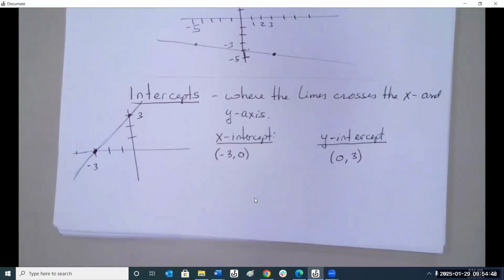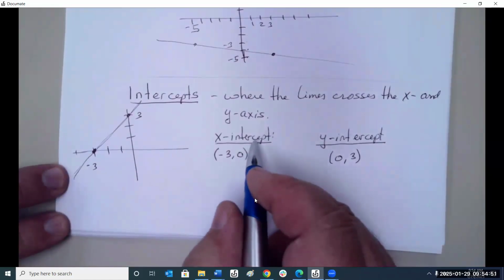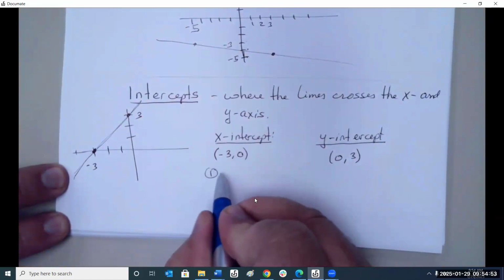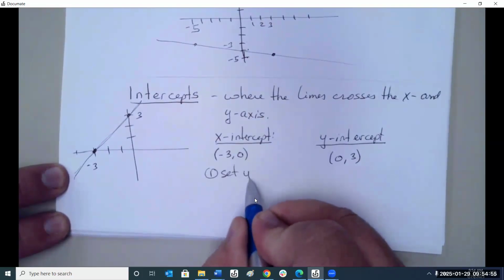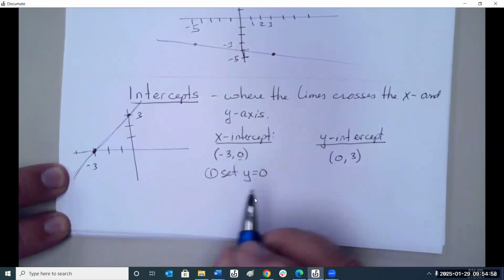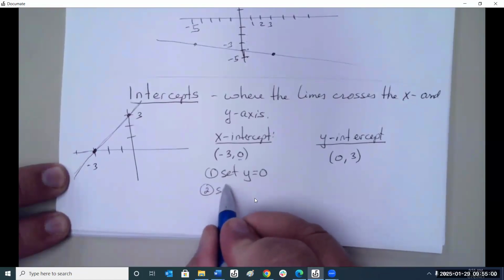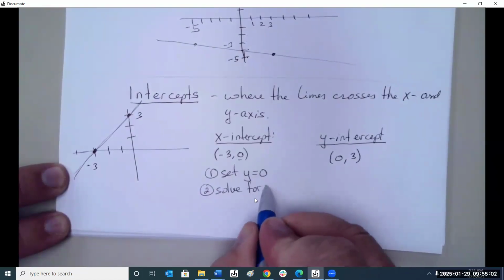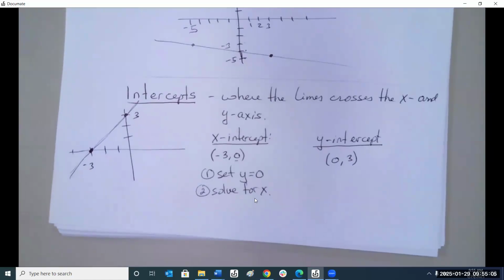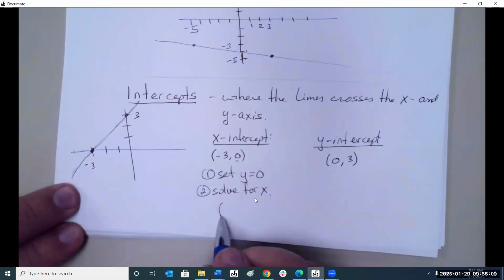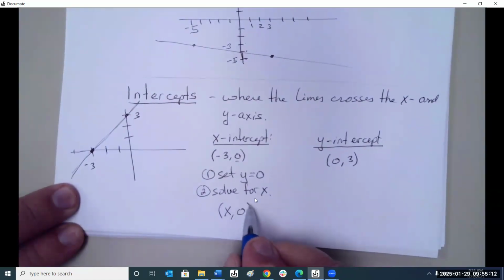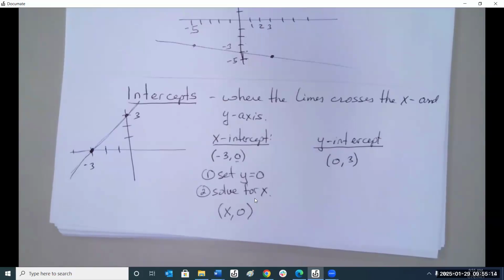This gives us what we need to know. How do we find the x-intercept? Set y equal to 0 and then solve for x. So you'll always end up with an x value and your y value is always 0. That's the x-intercept. What do you think you do for the y-intercept?